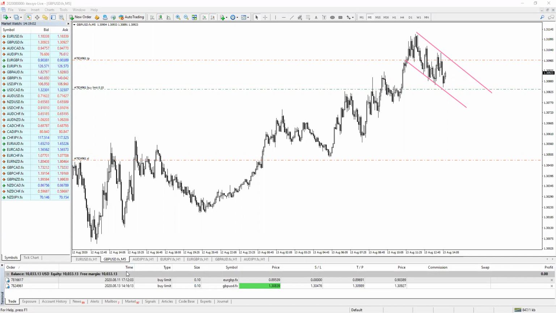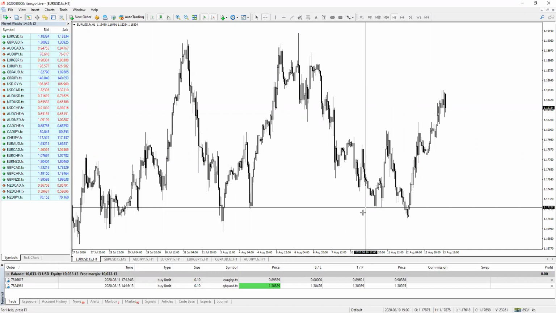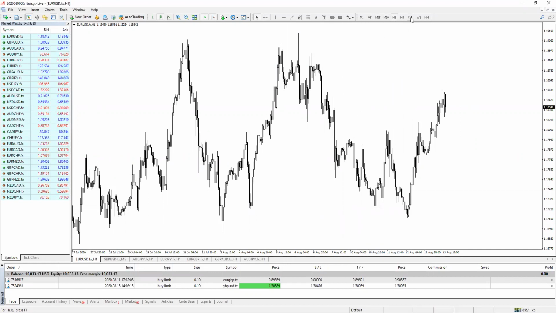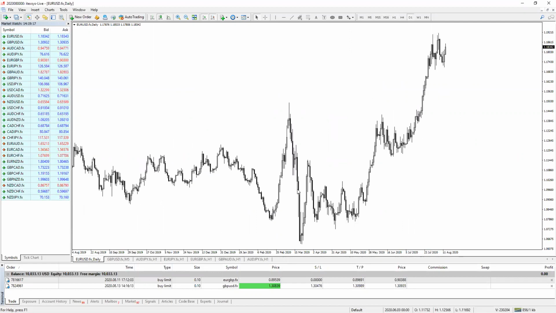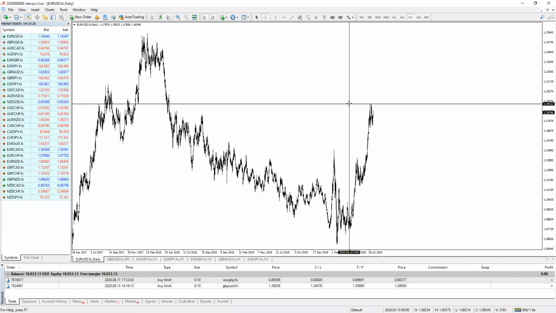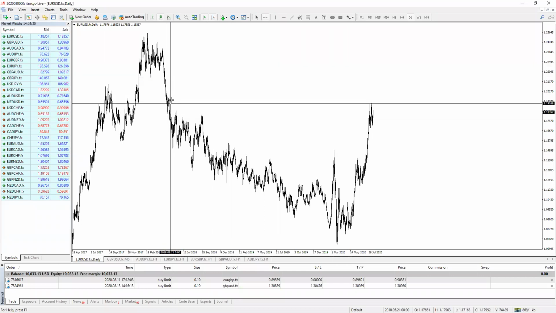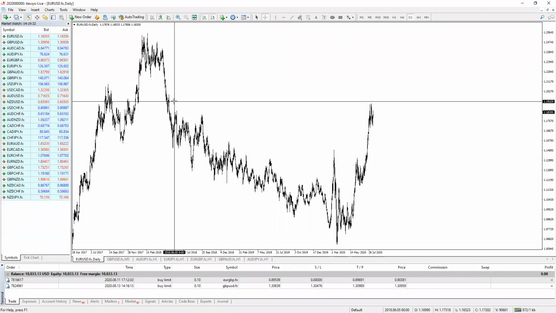Let's continue scanning Euro Yen, Euro US dollar. Euro US dollar is on H1. We see these levels. Let's see what's going on the daily. On the daily, we have a very, very strong up bias, which is now reacting to a mid-term flagging supply.